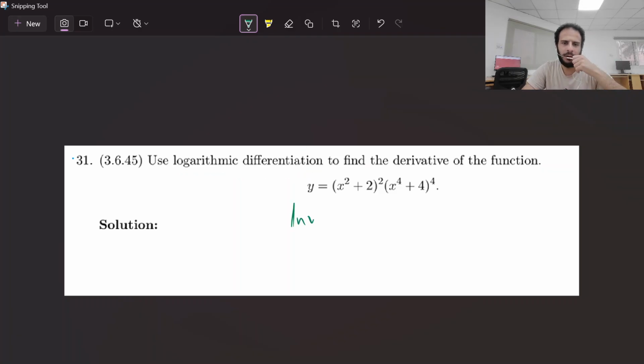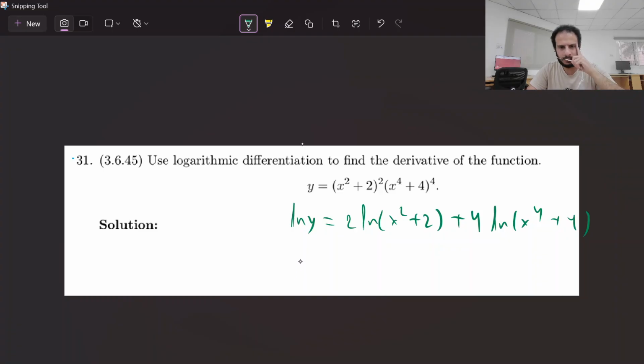So ln y equals 2 ln of x plus x squared plus 2, plus 4 ln of x to the 4 plus 4, right? And then differentiate it. So what's the derivative of ln y? 1 over y times y prime, by chain rule.